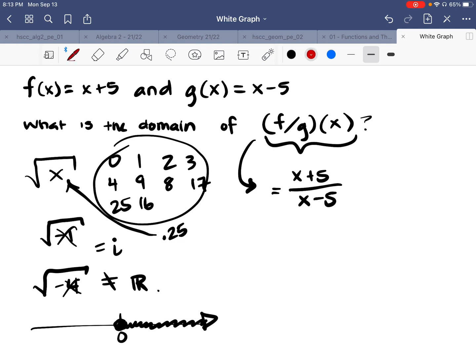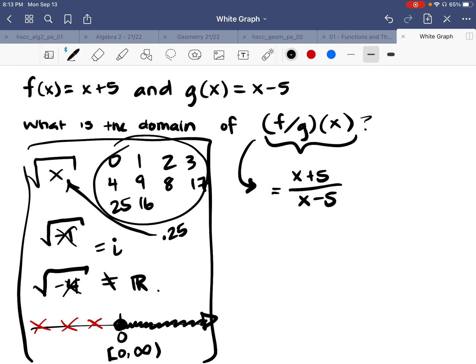And over on the left side, all of this would just be trash. None of that can work. That's our domain for the square root of x. We would say that the domain are all the numbers from 0 all the way through infinity. That's how we write it using interval notation, so our domain here would be 0 to infinity, where 0 was where you start.